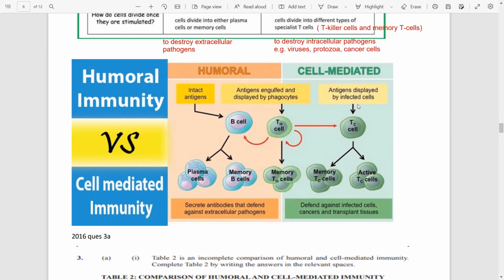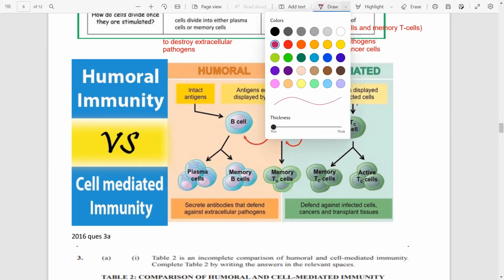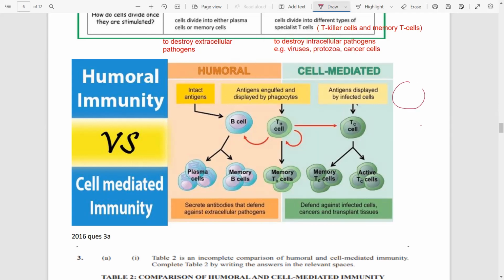bind to infected cells. So for example, say we had a cell that had a virus inside of it. Right, so say there was a virus inside of this cell. This is a body cell with a virus. What this cell is going to do is put out some things on its surface membrane, showing some parts of the virus.